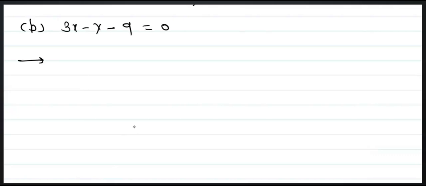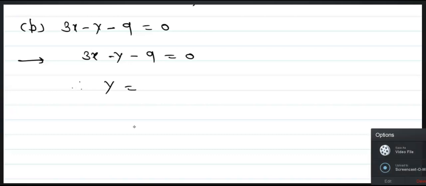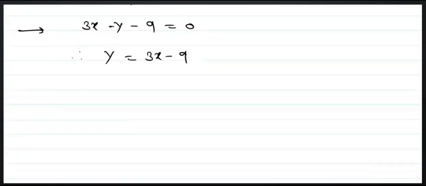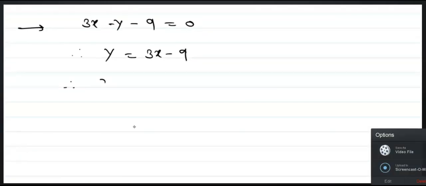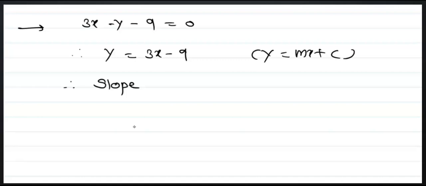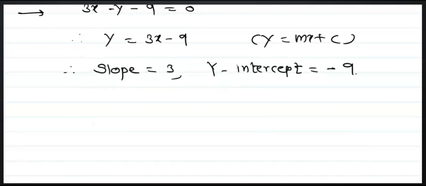B: 3x minus y minus 9 is equal to 0. Again, write the equation in the form y is equal to mx plus c. Now see this. y is equal to 3x minus 9. In this case, the slope of the line is 3 and the y-intercept is minus 9.